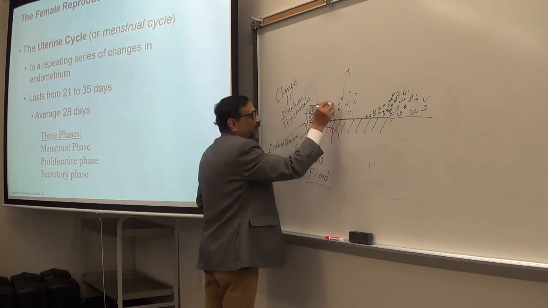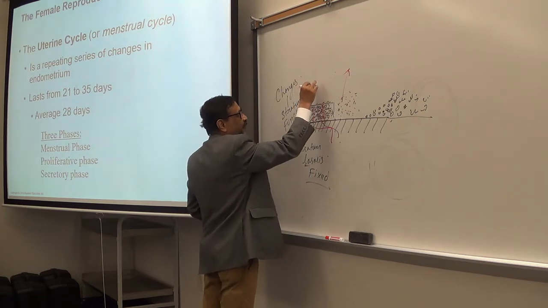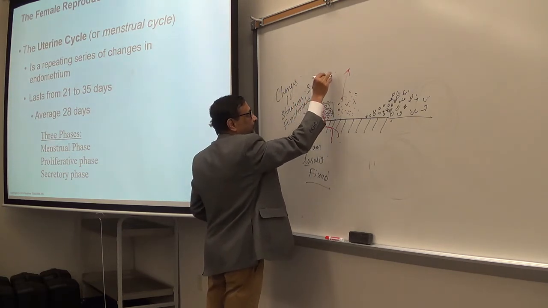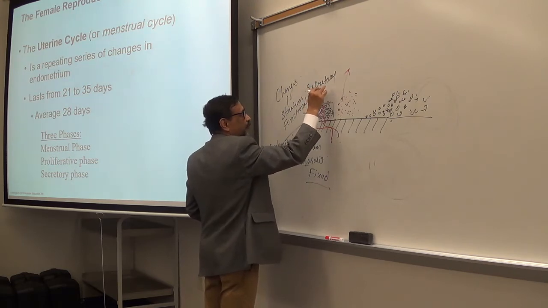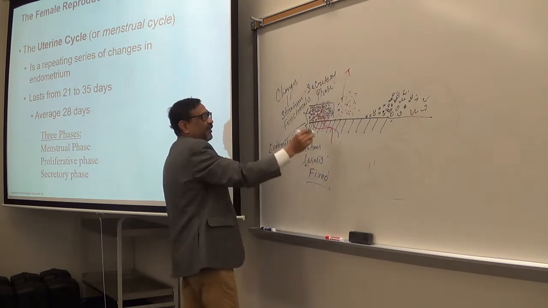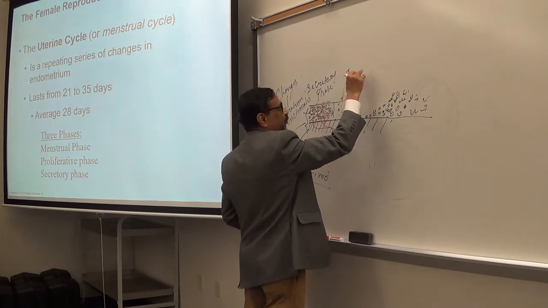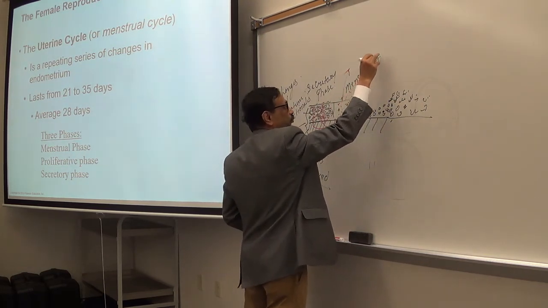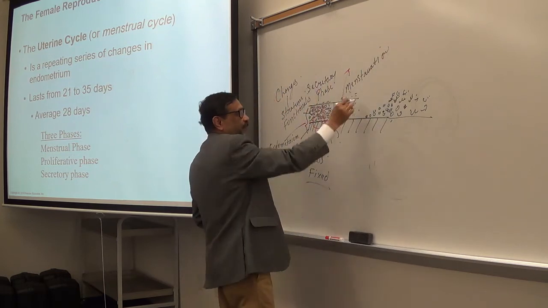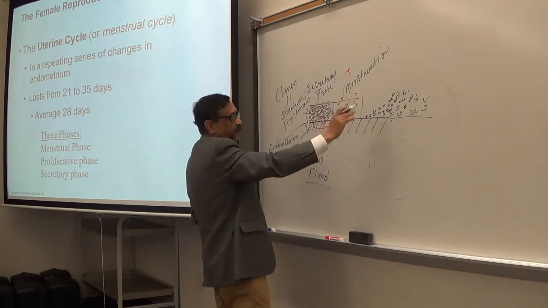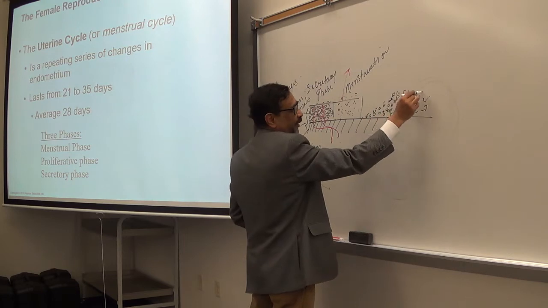So this part is called the secretory phase. This is the menstruation, breakdown and shedding, and again the layer is being formed.